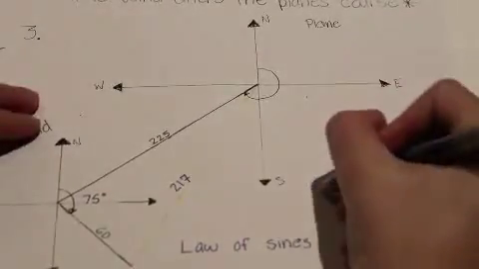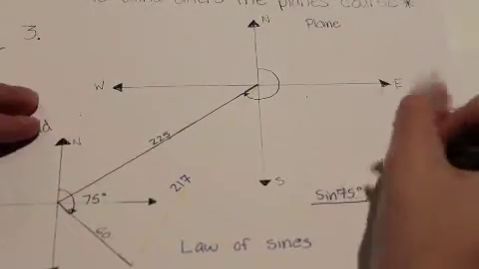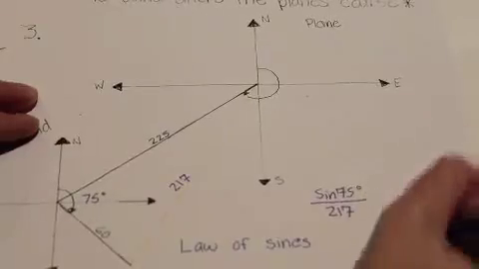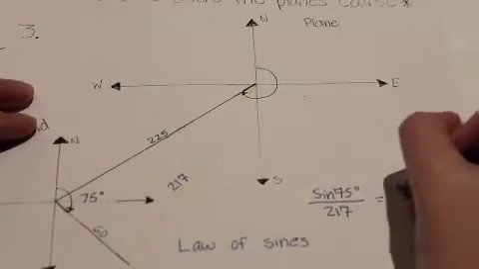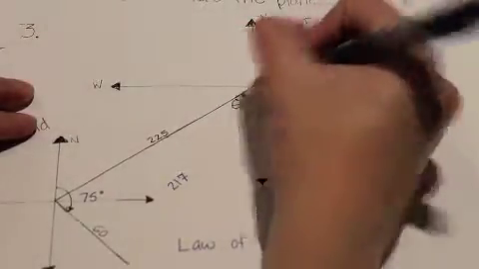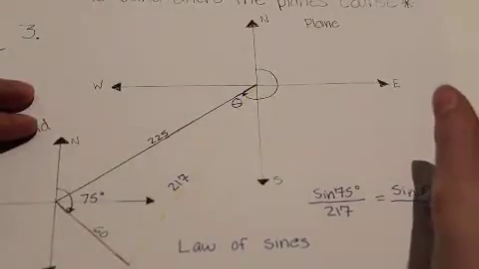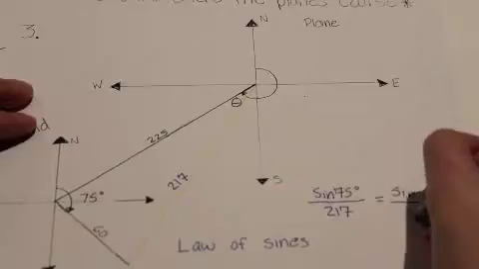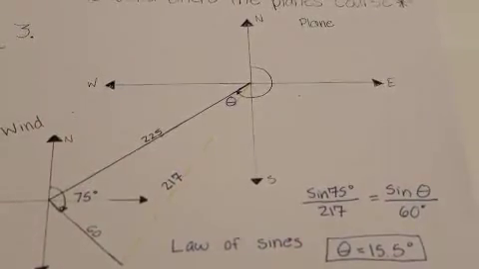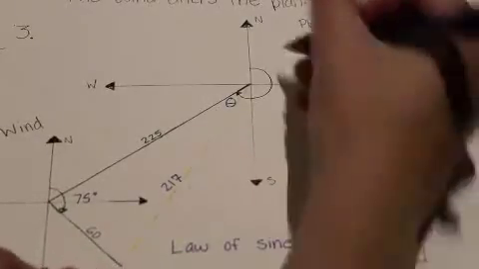So, using the law of sines, we know that sine 75 over 217 is equal to sine theta, which would be the angle at the top of the triangle, over 60. So, using the law of sines, we find that the interior angle of the triangle is 15.5 degrees.